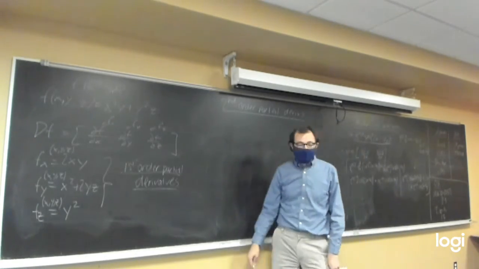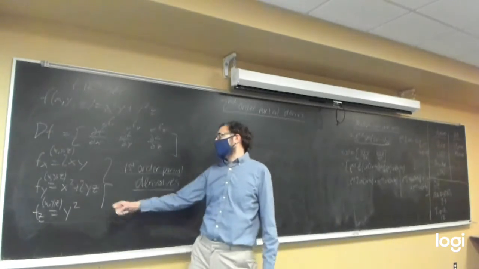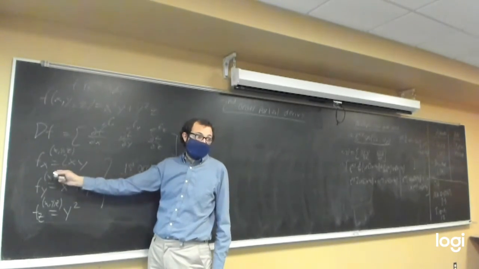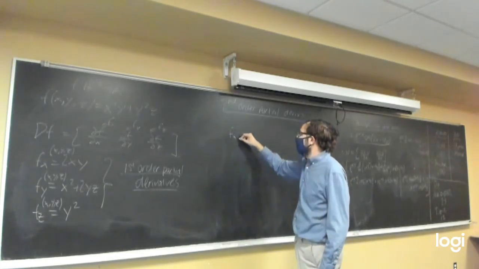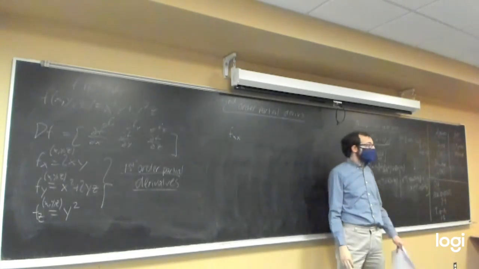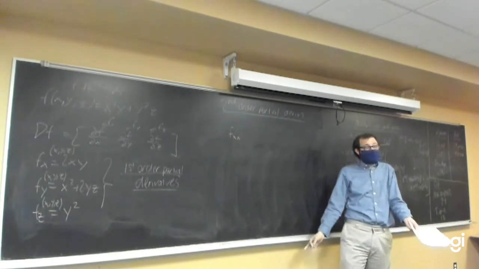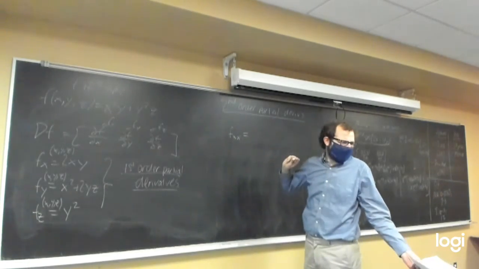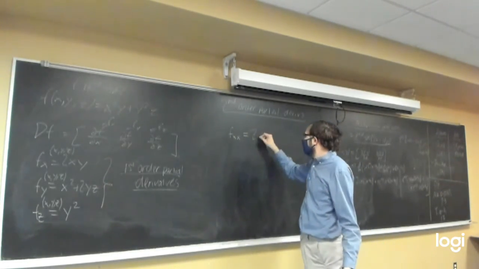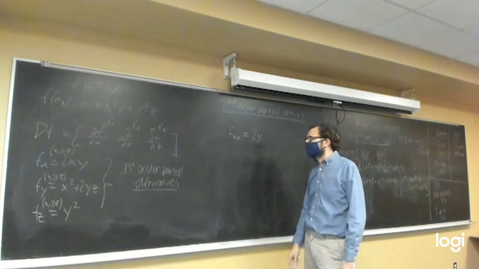So Madeline, what you just proposed, taking f sub x and differentiating with respect to x, is what we refer to as f sub xx. That means differentiate f with respect to x, and then do it again with respect to x, which I will agree. What did you say we got for that? 2y. Sounds good to me. We're going to get 2y.